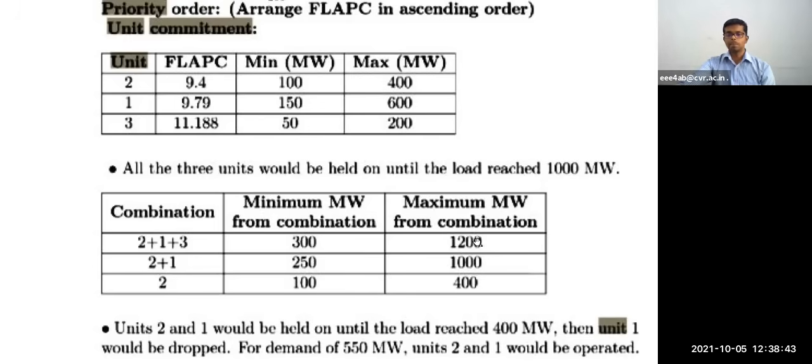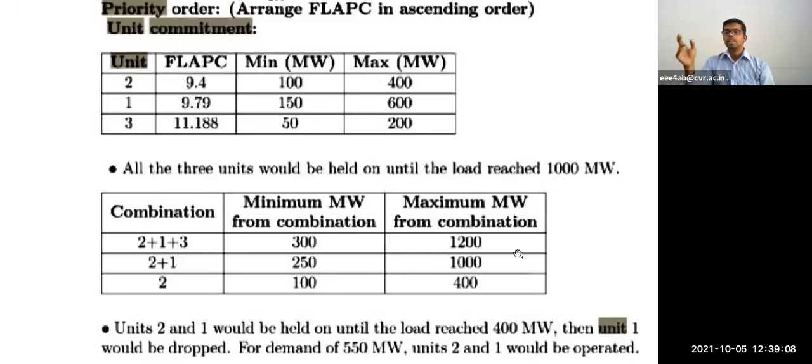That gives the maximum megawatt generation from this 1000 megawatt. Even though our demand is 550 megawatt, you need to choose this combination to satisfy the load demand. If you choose the second generating unit alone, you can generate only 400 megawatt.